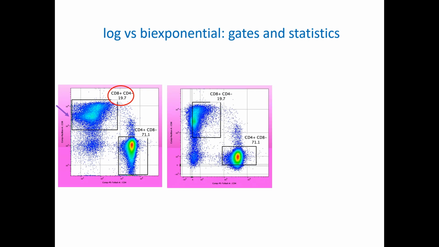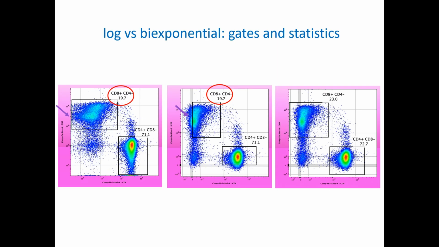If we apply that gate to the biexponential display, the percent positive is the same, but we can easily see that the gate is not encompassing the whole population. If we enlarge the gate to encompass the whole population, our percent positive is more correctly 23%. And the same holds true for the CD8 negative, CD4 positive population.